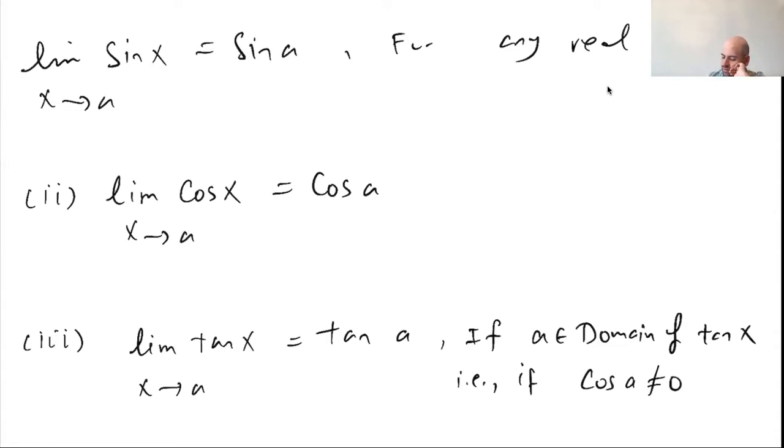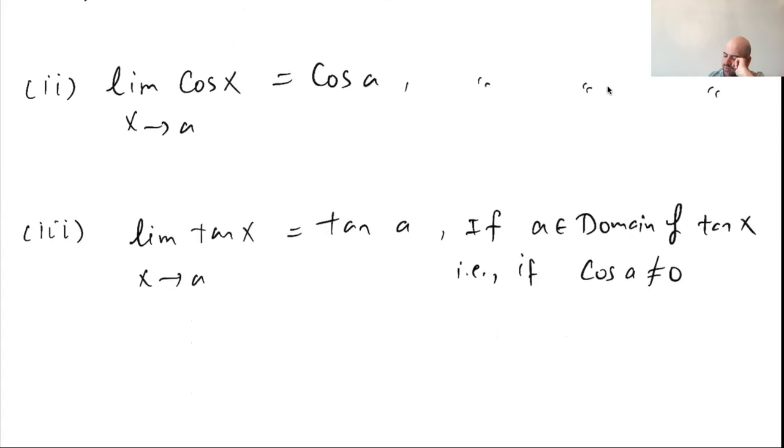For the limit of sine x and cos x at a, there is no restriction on a. For any real number a, you can simply replace x with a. Same thing for cos x. But for tan x, we can replace x with a as long as a is in the domain of tan x.